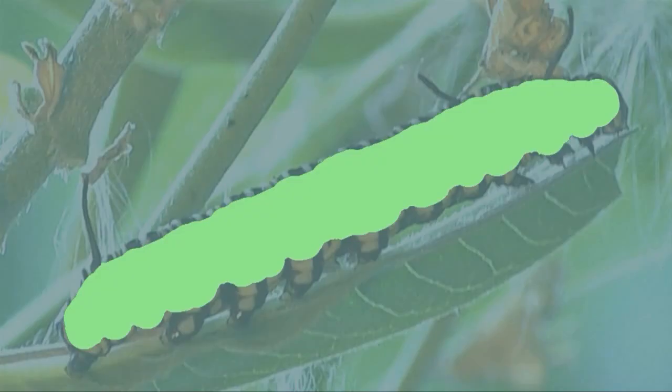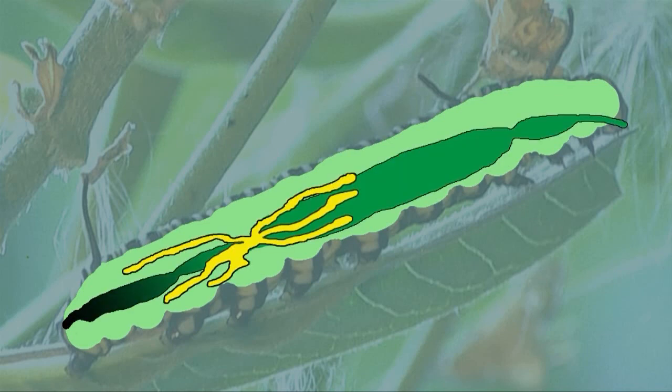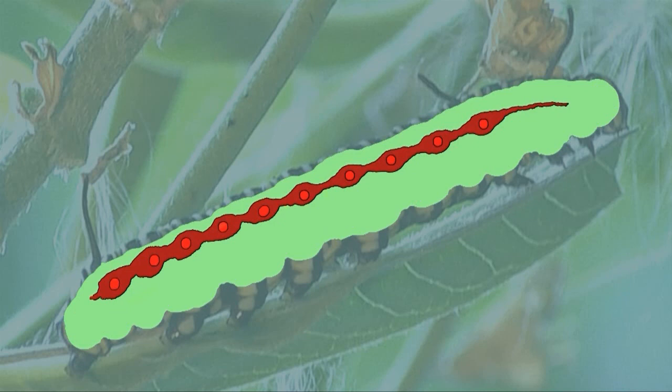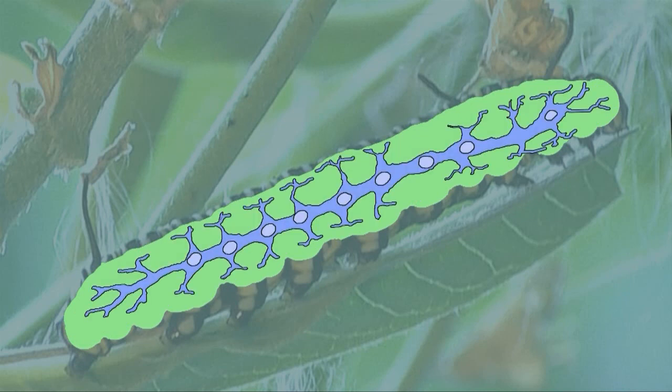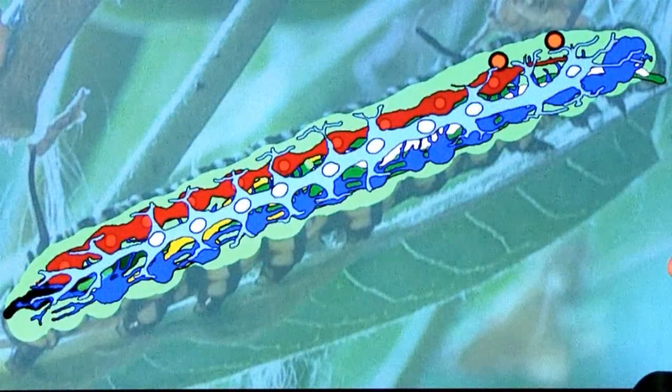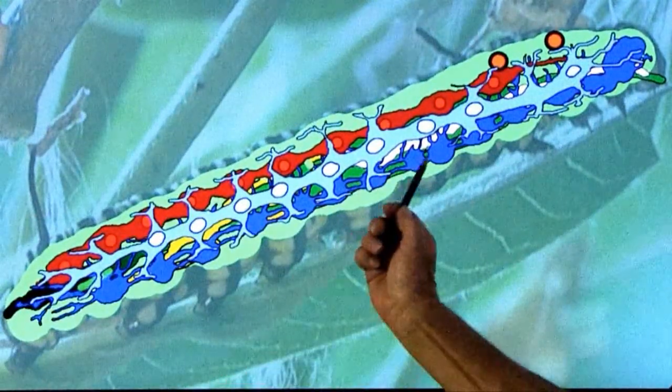We started with the envelope, then we went to the digestive system and the excretory system, the nervous system, the circulatory system, followed by the respiratory system, and then the silk gland and the wing buds. Now you can see all of these things together is complicated.